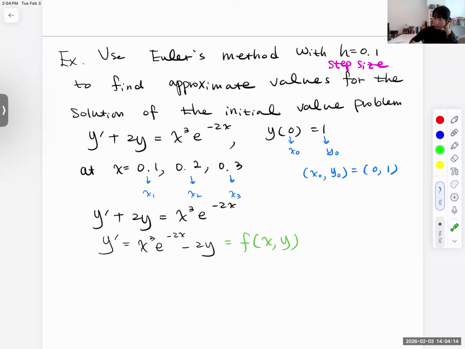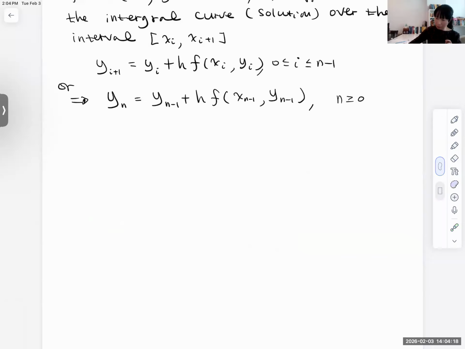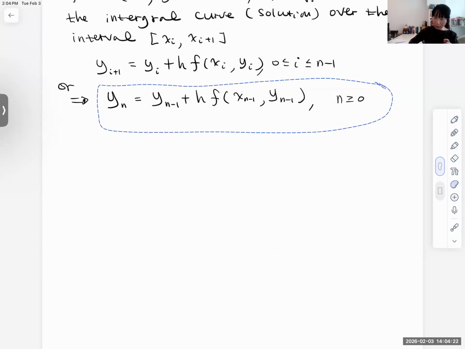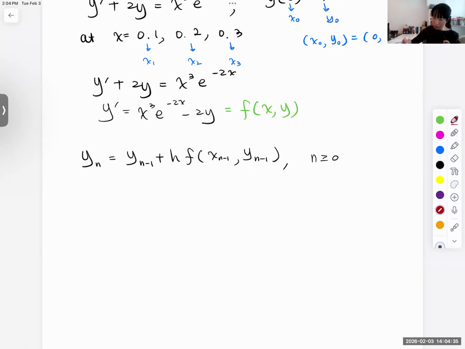Okay, now let's do it. So we had the formula, this formula, we need to apply. Euler's method.